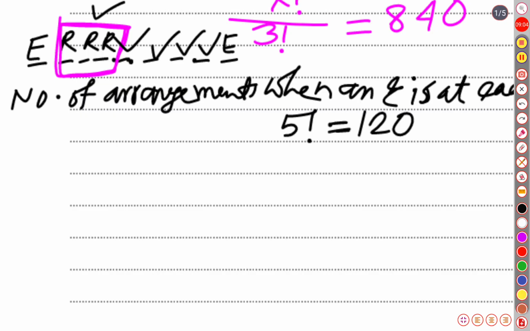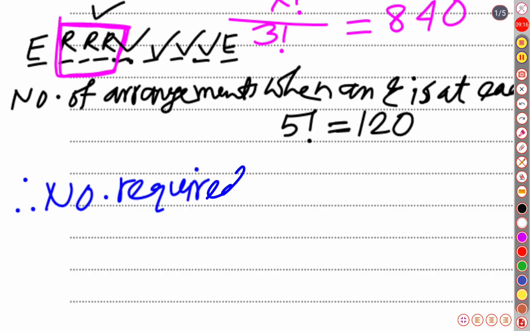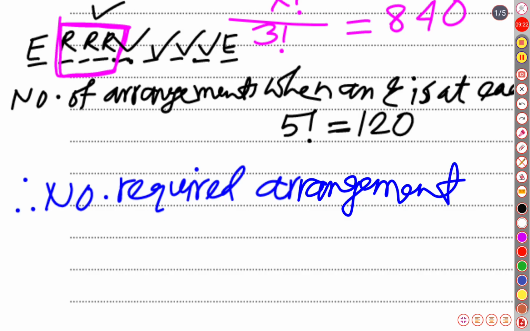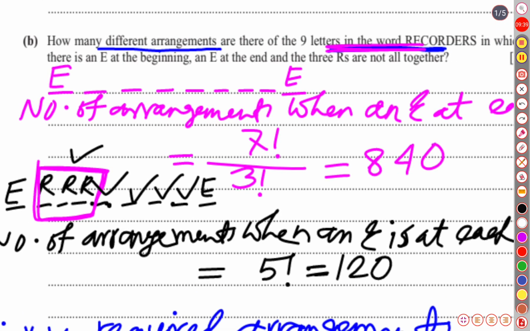So let us write, hence the number of required arrangements is equal to, as we have decided, when an E is at each end, the total number of arrangements was 840.